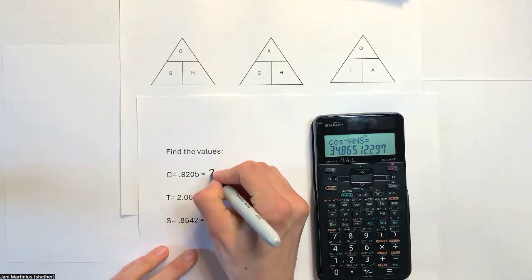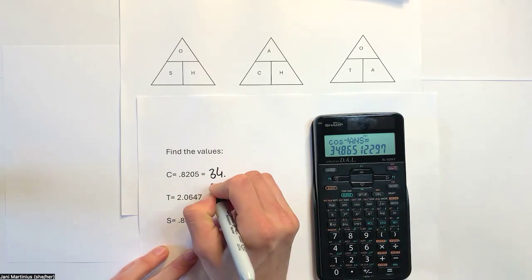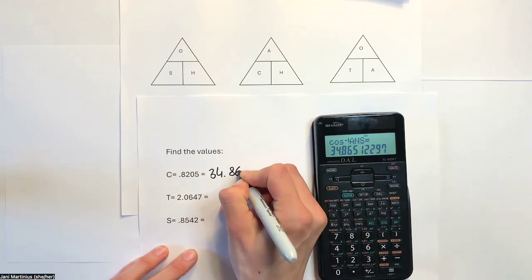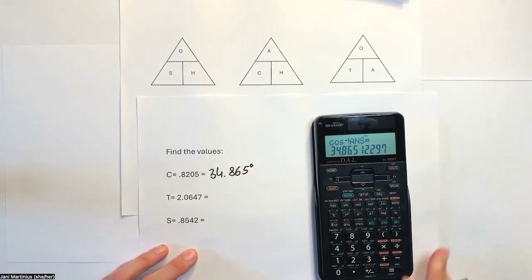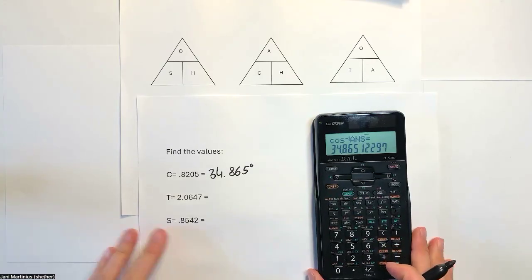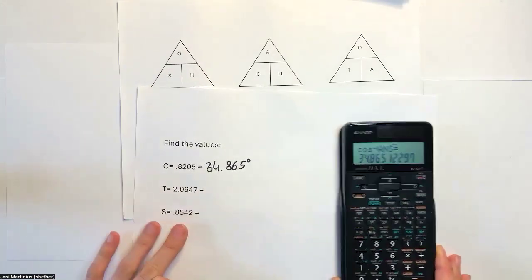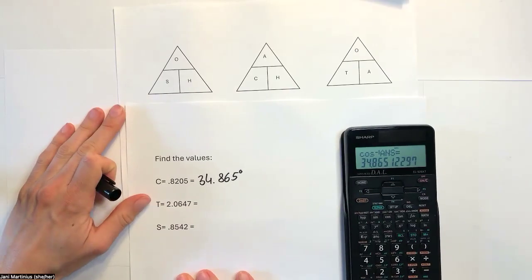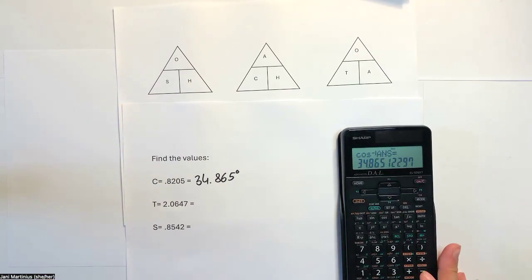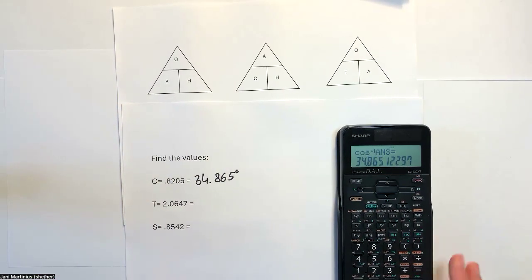34.865 degrees. Now, if you're doing perhaps some site layout or you're working with circles and you're looking at arcs, or you need to find out not just the decimals of an angle or degrees, but you need the degrees, the minutes, and seconds. On this calculator, and yours will be similar, we have the DMS function.